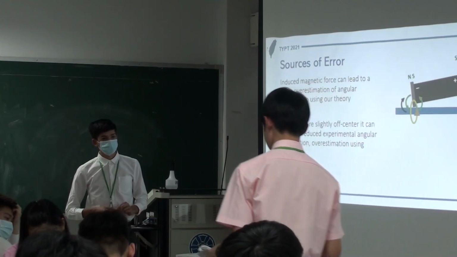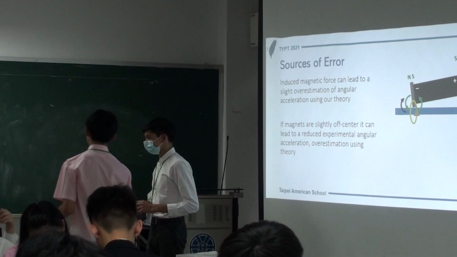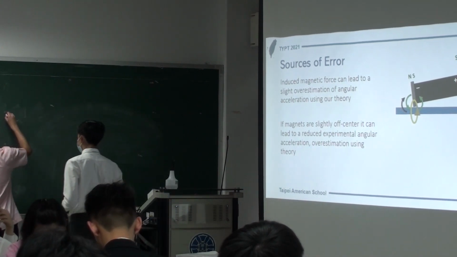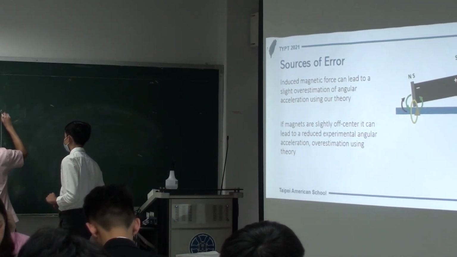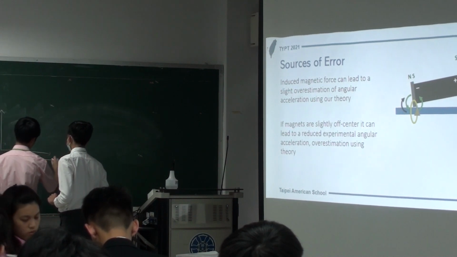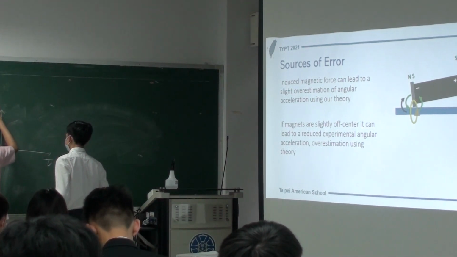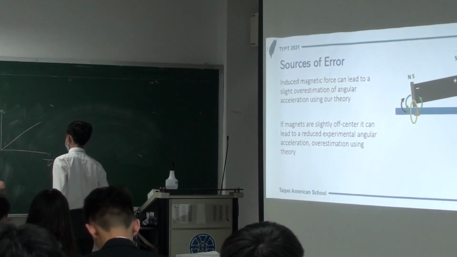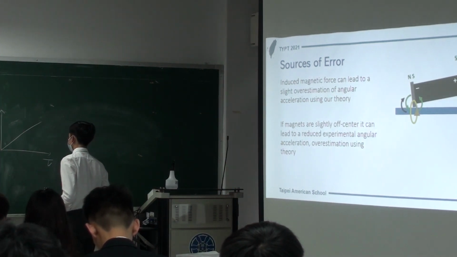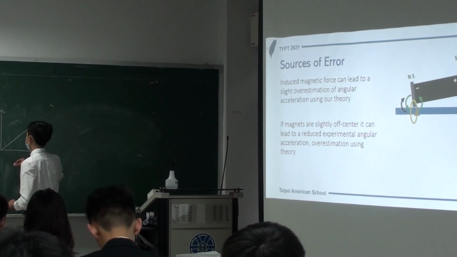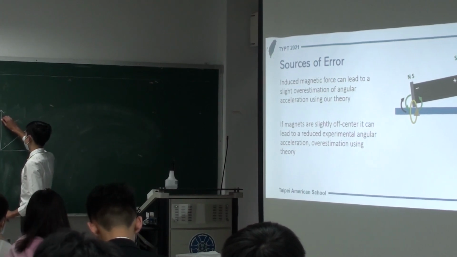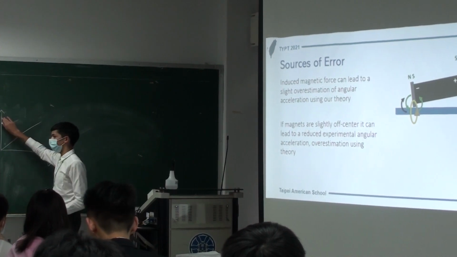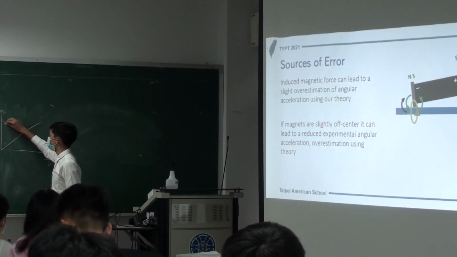But the angular acceleration and time function is not a straight line, because of the resistance. Yeah, the angular acceleration is not going to start at 0. It's going to decay over time because of the friction. So it's going to start high and then go lower because of the friction.